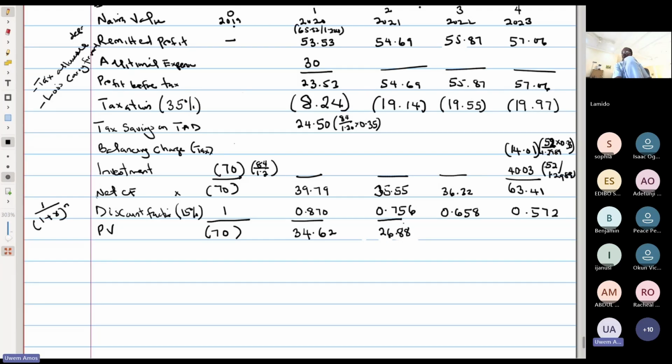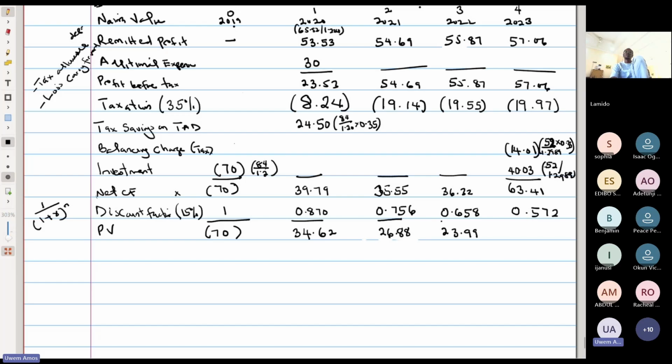Okay, so the next one, 36.32 multiplied by 0.658 gives 23.99.